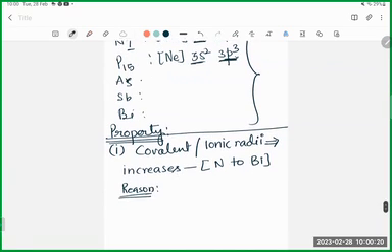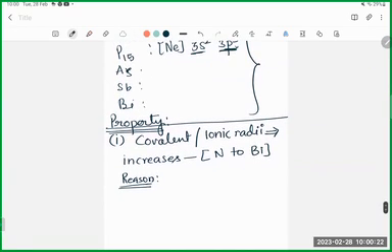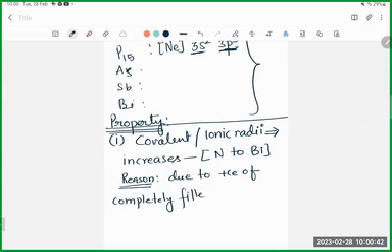We can say the completely filled d and f orbitals, as we are going down, become more for the heavier members. So the d block and the f block are present over there due to the presence of completely filled d orbitals. 6, 5, 4, 5, they will have the completely filled d.